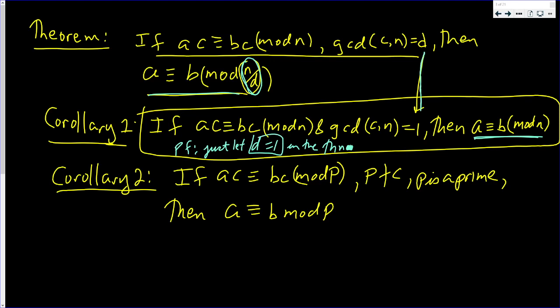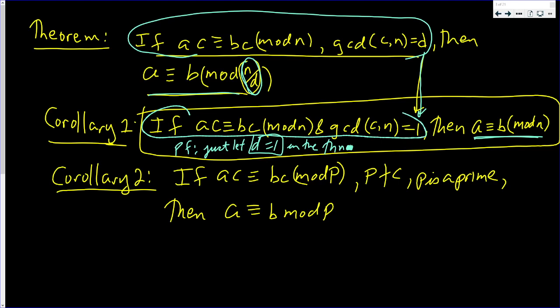That's all that happened for the if part. The only thing that's different is D is 1. It's exactly the same, character for character, except D is 1. So in the conclusion, I put 1 for D. n over D is n over 1, which is n.